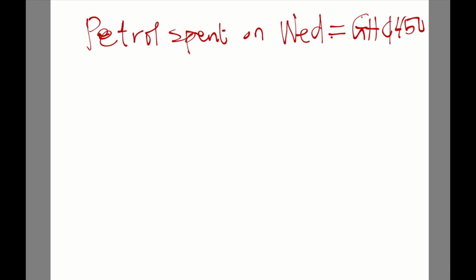So from the question, he is spending 125 more than this amount on Thursday. So if we want to know the amount of petrol he spent on Thursday, we have to add 125 Ghana cedis to the amount of petrol he spent on Wednesday.